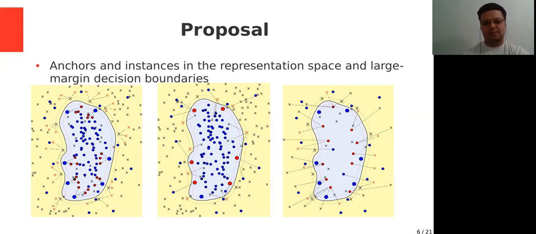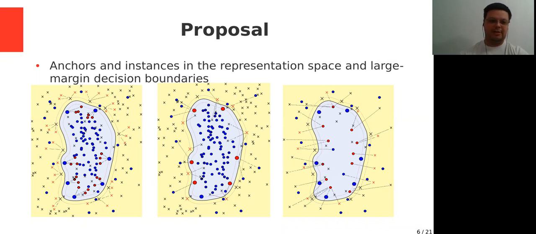So we have here the two classes. The space of one class is the yellow part. The other is the blue part. The X are from one class, the circles are from another class. The big X are support vectors, and the big circles are support vectors.